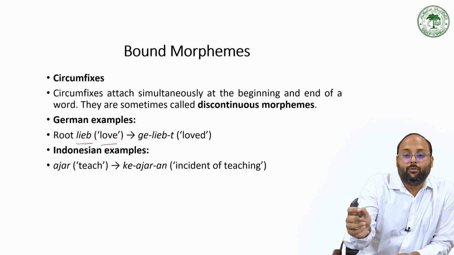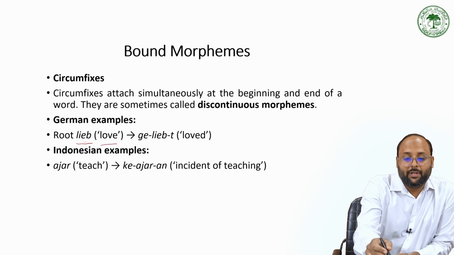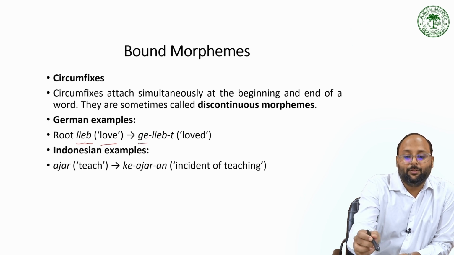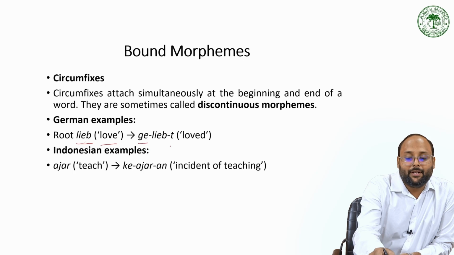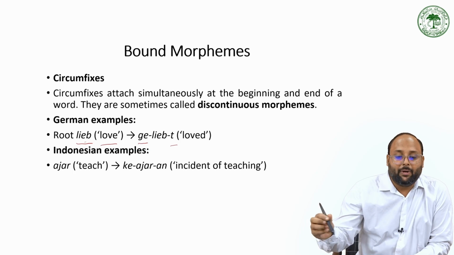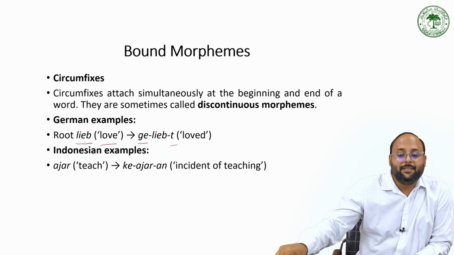If you make it into the past, loved, we attach the circumfix. Circumfix means two parts, one at the initial position and the other at the final position, together or simultaneously. So it becomes geliebt.